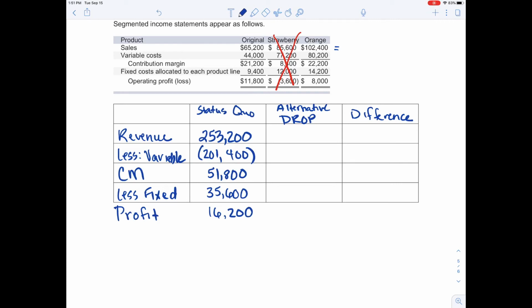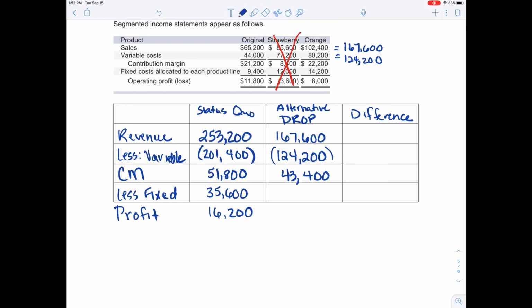If I only have those two numbers to add, that's 167,600. Variable costs, if I add those two numbers together, 124,200, which would give me a contribution margin of 43,400.